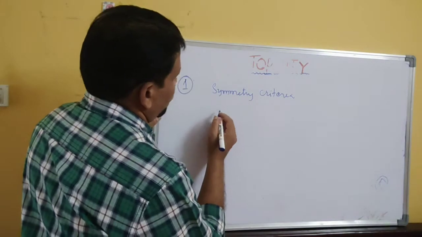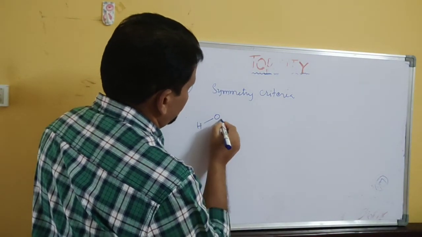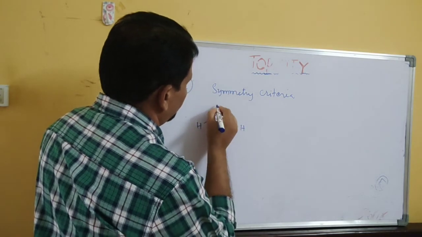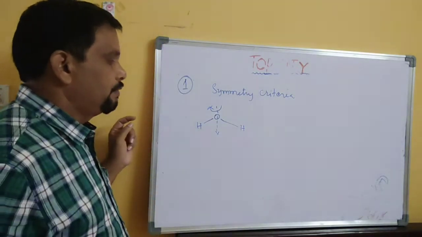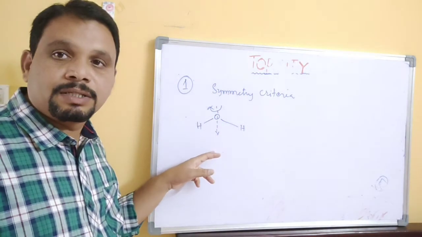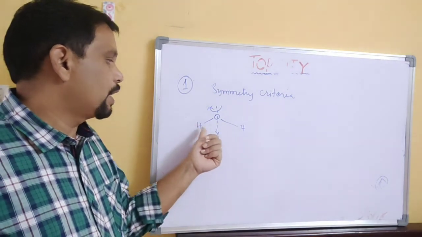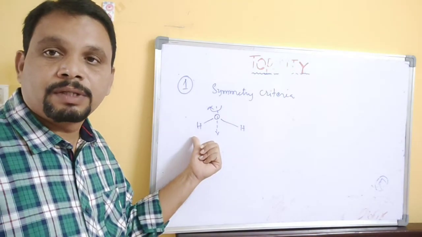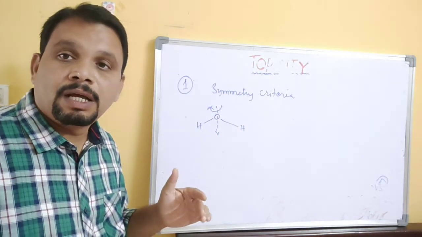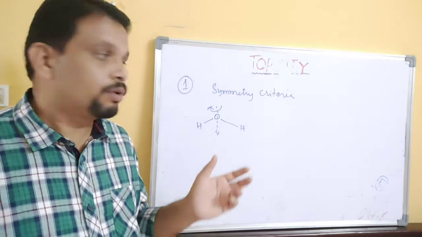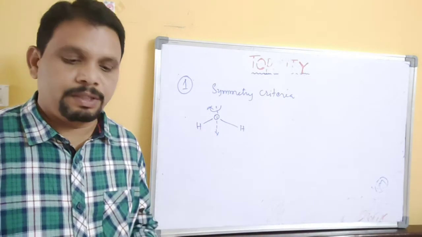If you take a water molecule and rotate it with this symmetry axis, these two hydrogens are similar, the same, without any difference. They can be interchangeable and interconvertible. Therefore, these two hydrogen groups are homotopic.